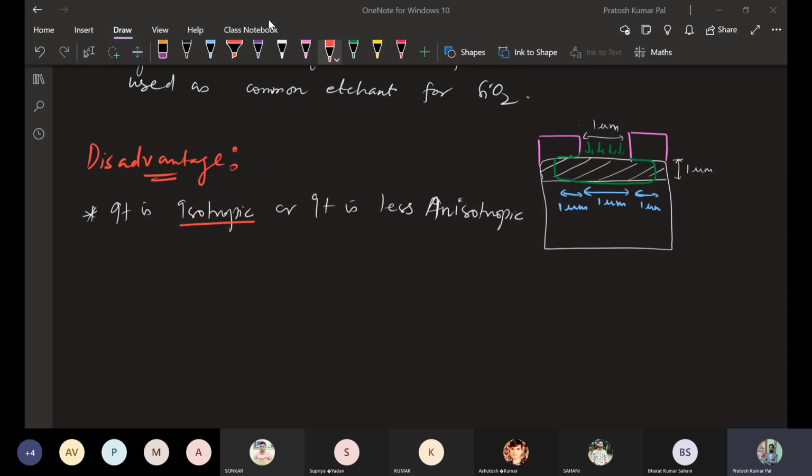This isotropic nature is one of the disadvantages of chemical type of etching.